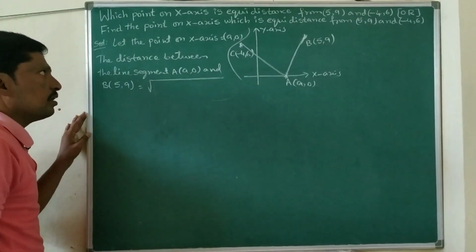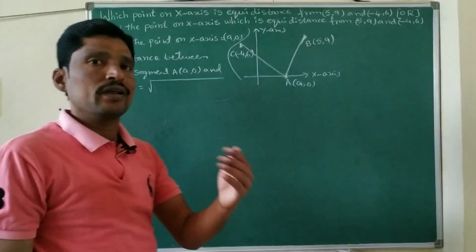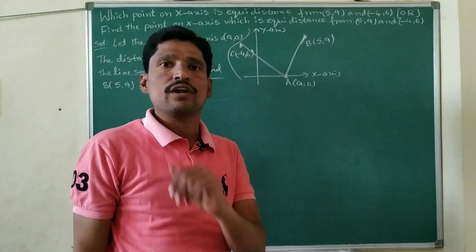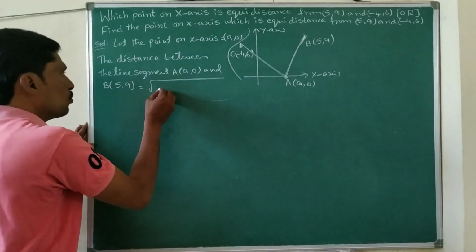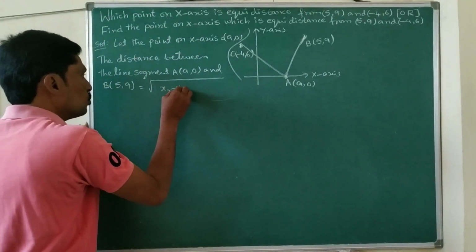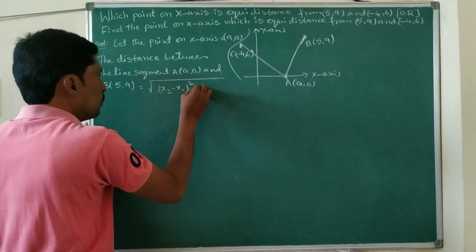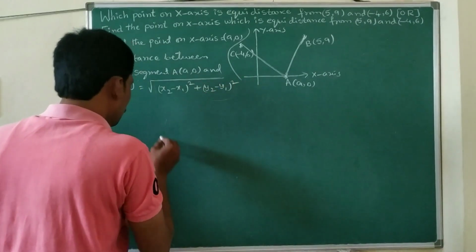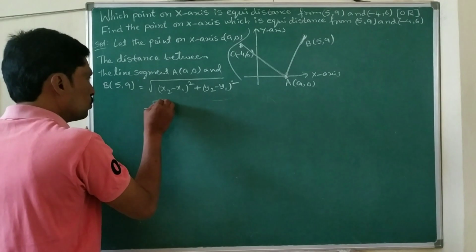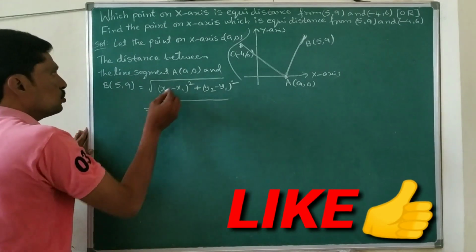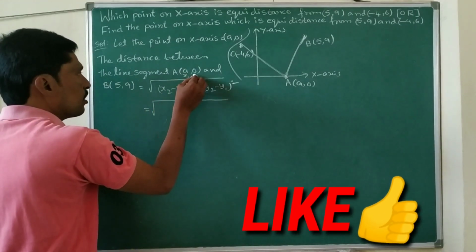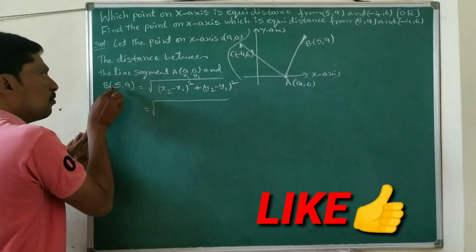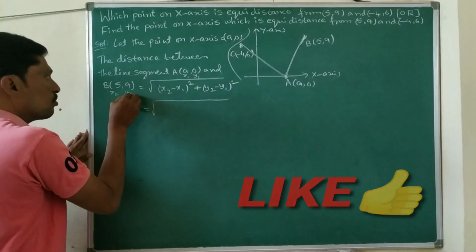The distance between any two points is under root (x2 minus x1) whole square plus (y2 minus y1) whole square. Here a is x1, 0 is y1, 5 is x2, 9 is y2.